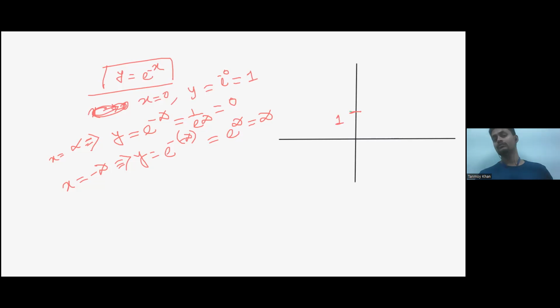At 0, this will be 1. But whenever you approach infinity, x is equal to infinity, this function will be 0. So this will be your function.